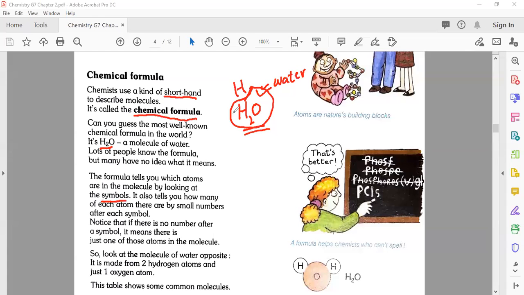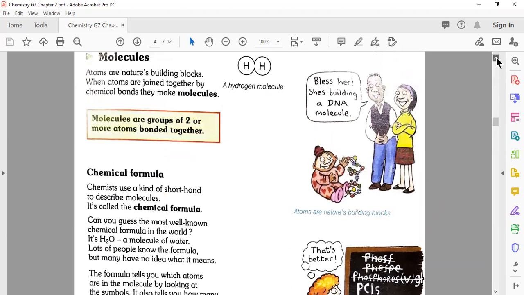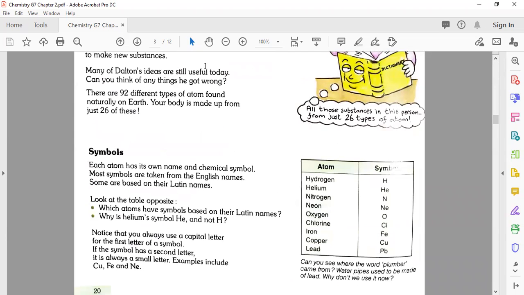When you look at the symbols, you can say that is hydrogen and this one is oxygen, because you represent these two elements with capital H and capital O. For example, you can go back to page number 20 and see in this chart that hydrogen is capital H and oxygen is capital O. These are the symbols of these two elements, so we easily understand them.